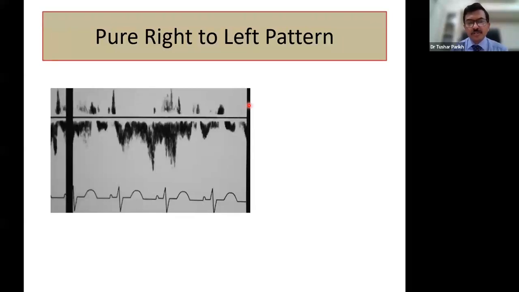Please answer. So it is TAPVC. Dr. Mahesh has answered it correctly. So unless proven otherwise, if you are getting a pure right to left shunt at the interatrial septum level, it indicates TAPVC. The reason I am saying this is that in TAPVC, everything else is normal, so the only source of blood for the left atrium is through the interatrial shunt from the right side.